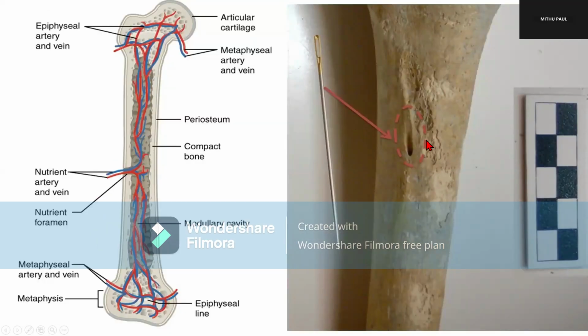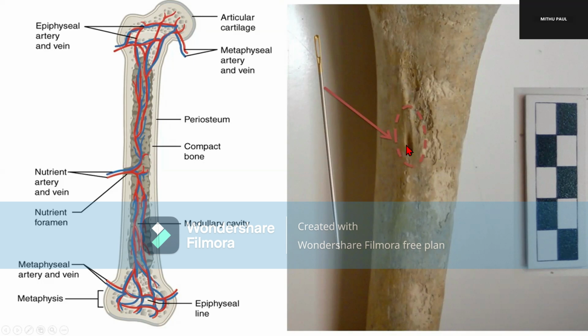Again, the foramen term in the case of long bones: we have already said that in the process of chondrification to ossification, there is establishment of vascularity to the cartilaginous model, and through the area on the periosteum, the vessel enters the cartilaginous model. That is the future nutrient artery.